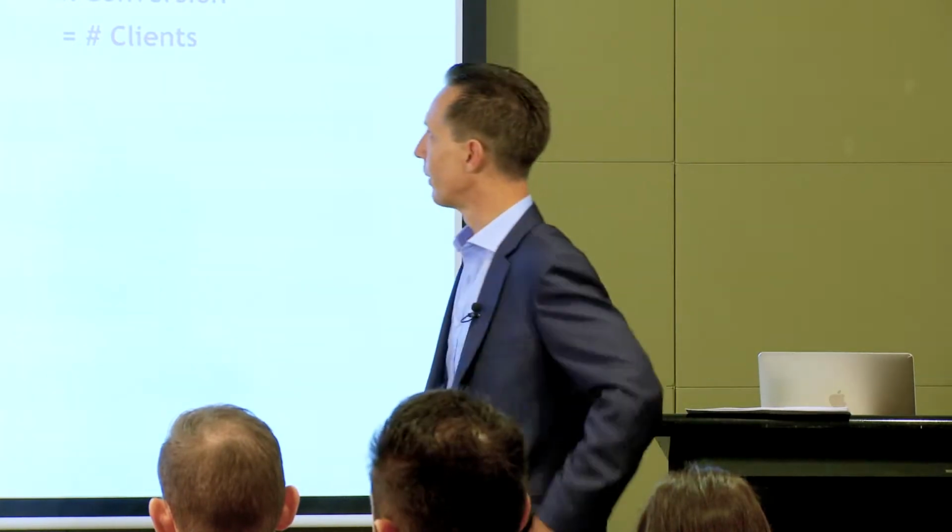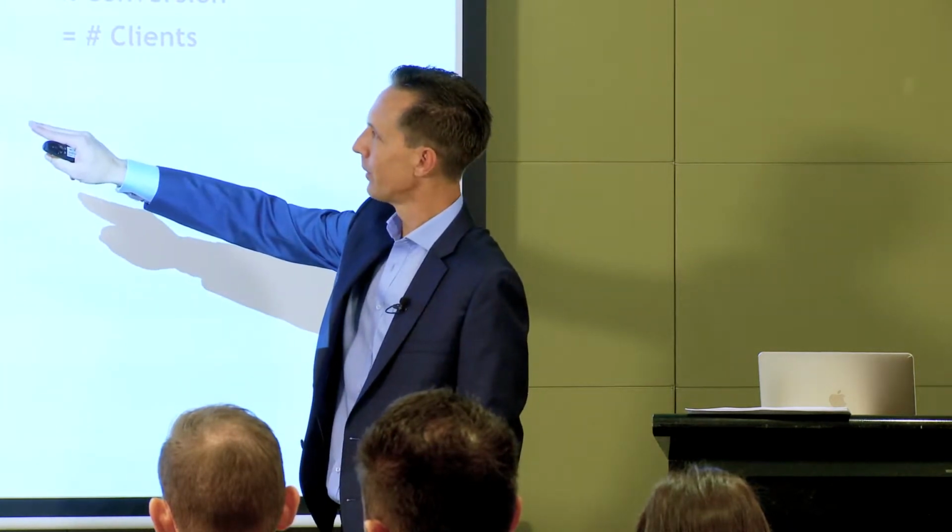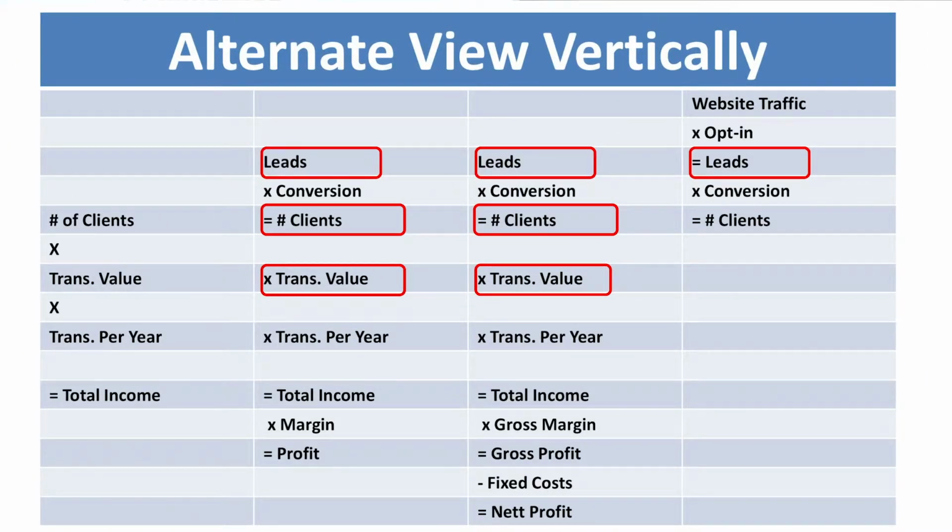And what you'll notice when you look at these formulas, leads times conversion to get your number of clients, what's before the word clients? It's an equal sign, which means it's a result of something that's gone before. Okay? So it's an outcome, an output. So you can't get more clients. What you can do is affect the things that come before it, because it's only the result.